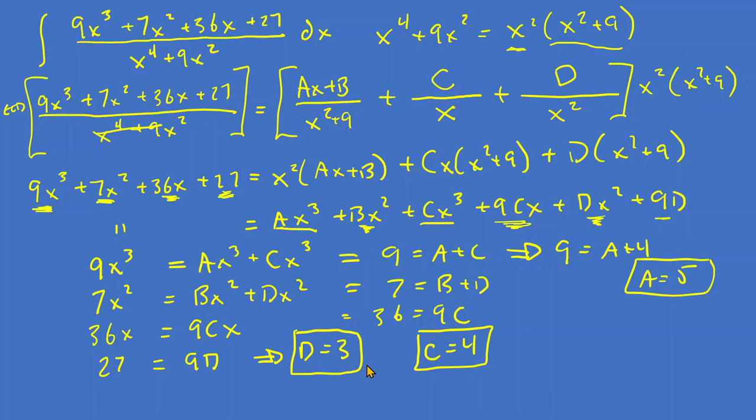We know that d is equal to 3. So 7 is equal to b plus 3. So b is equal to 4. All right. So we have our values of a, b, c, and d. They are 5, 4, 4, and 3.